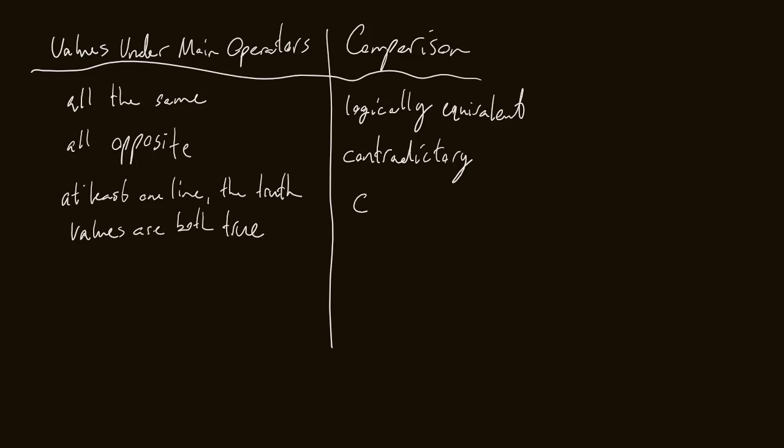This is when we have consistent statements. And then we have inconsistent statements, where on no line are both truth values true.